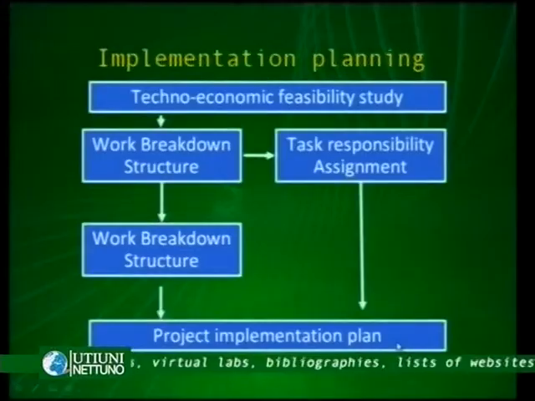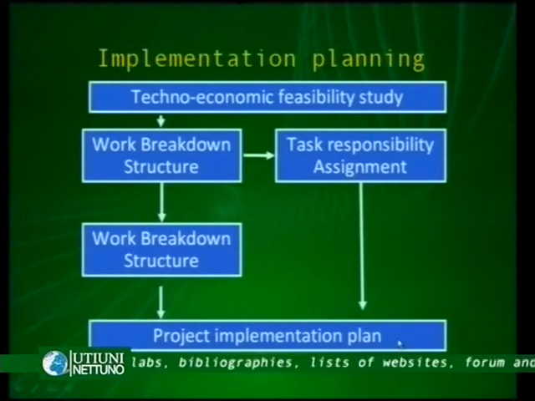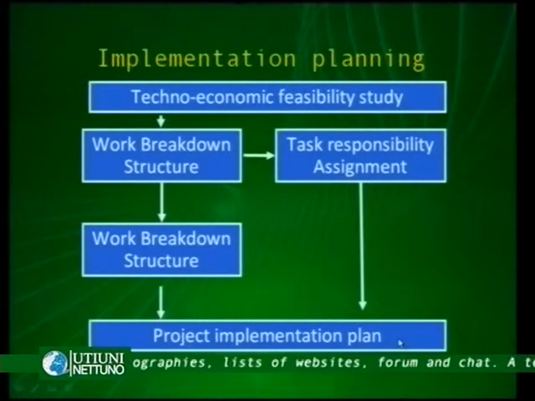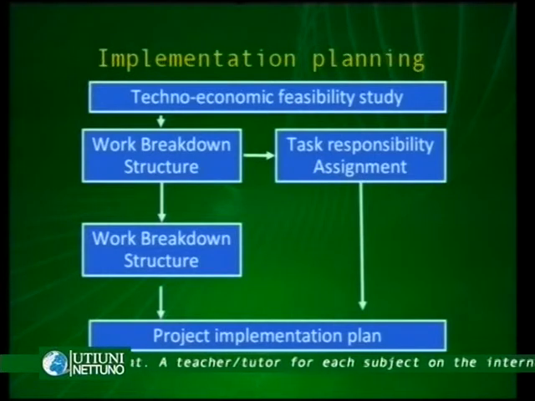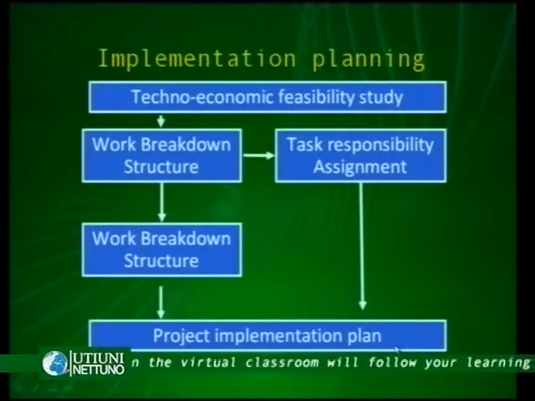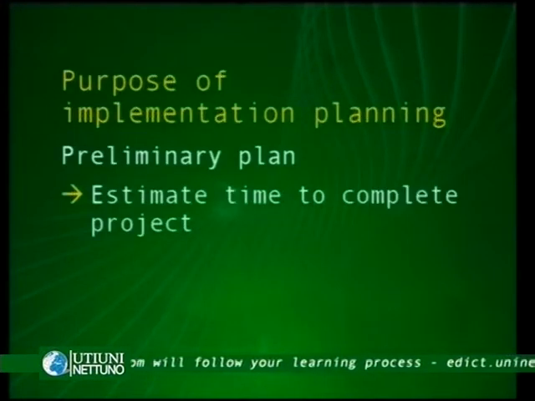As all the plans, also the project implementation plan is made of objectives, activities, and related times. So it's a plan of the activity to be carried out and a schedule of monitoring of the expected results. If we consider the project implementation plan, let's observe what is the purpose of implementation planning.